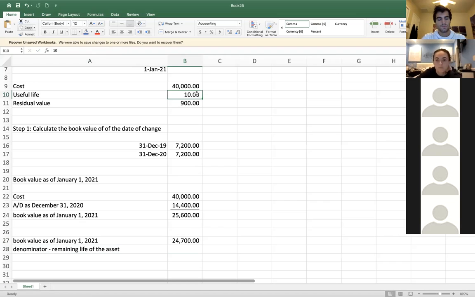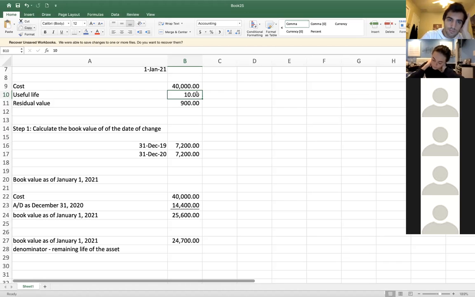How many had we depreciated? Now, let's be very careful with wording here. It said the estimated useful life was changed to 10 years. It didn't say that the remaining useful life is 10 years. So be careful about that. It's saying that the total useful life is 10 years.